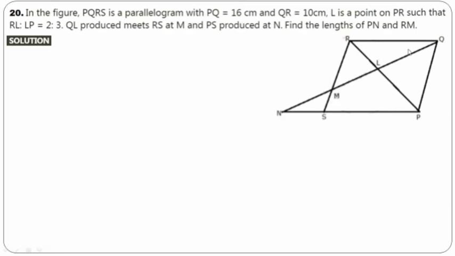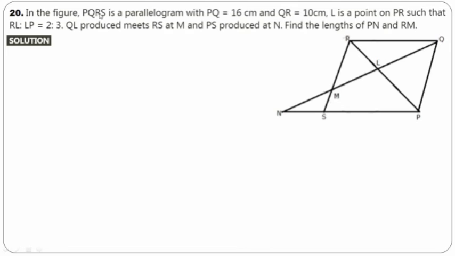That means the extended PS and the extended QL meet at point N. That's what is given. Find the length of PN and RM. PN, so let's see where is PN. PN is this length. Next is RM, so RM is this length. So that's what we need to find.